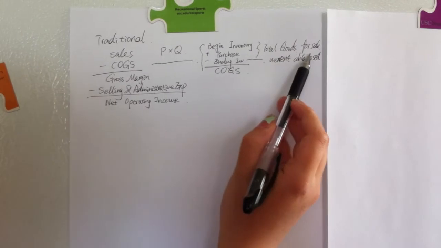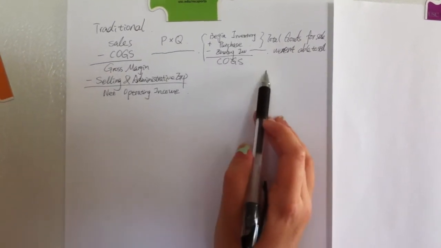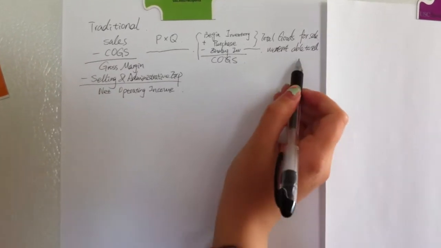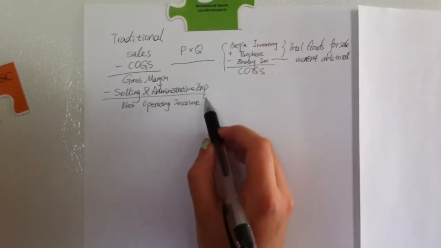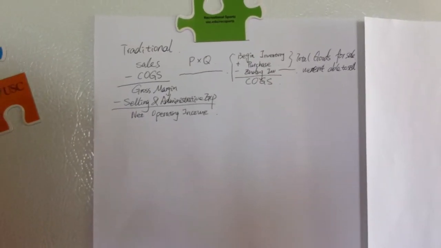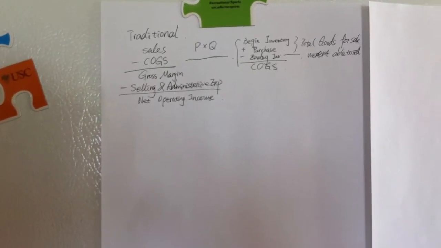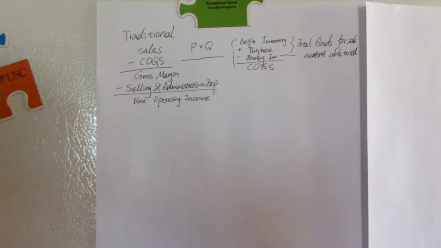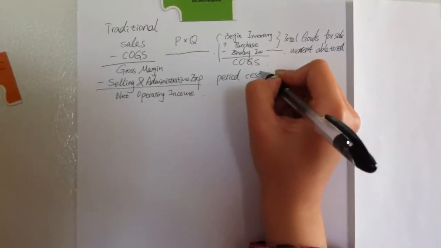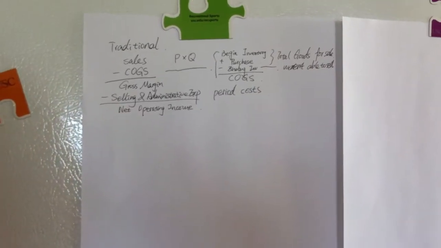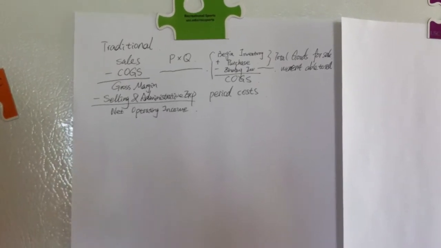So total goods available for sale minus the goods that we were not able to sell gives us the amount of goods that we actually sold. Now, selling and administrative expense is basically like the management cost, for example, like the salary of supervisors. It's period cost. In other words, it gets expensed while we produce something, but it does not go into the product cost.